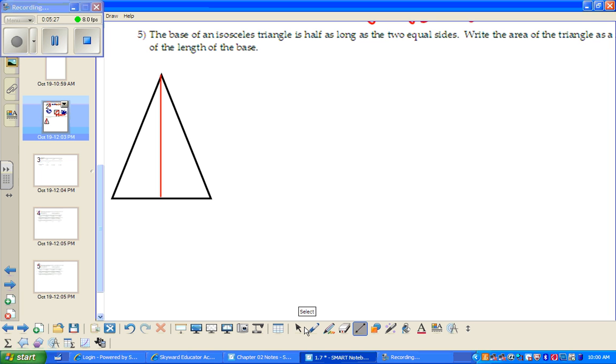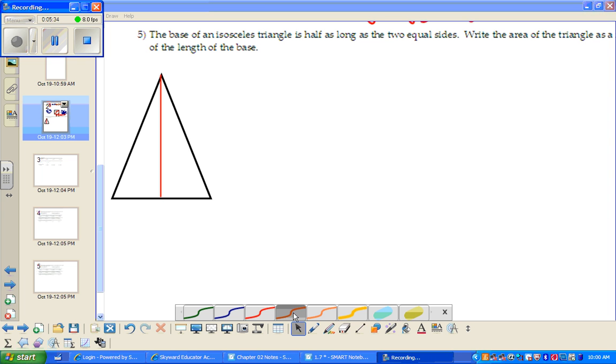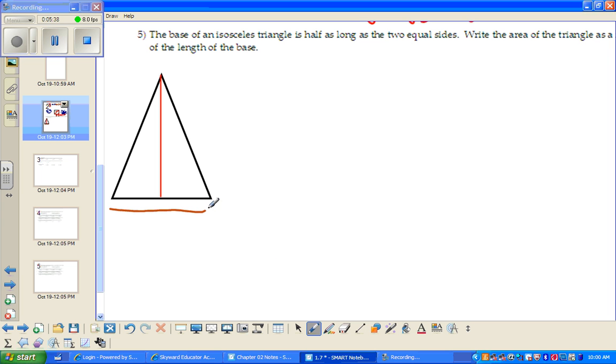I would want to call the base B, because I want the area in terms of the base. So when I use the variable B, that represents the base.